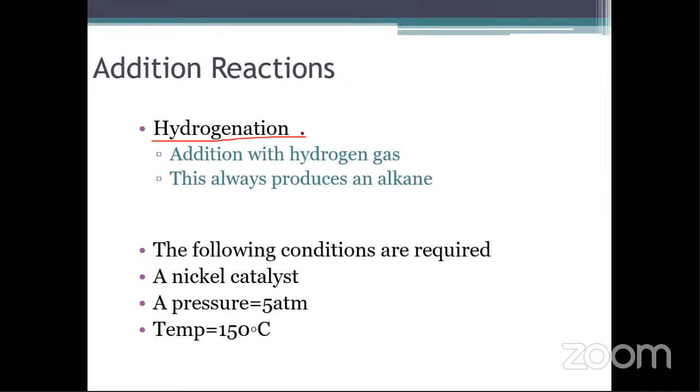So when you react the alkene with hydrogen, it will most definitely produce an alkane. Now you must remember the conditions that are necessary. You need a nickel catalyst, 5 atmospheres of pressure, and 150 degrees Celsius of temperature.